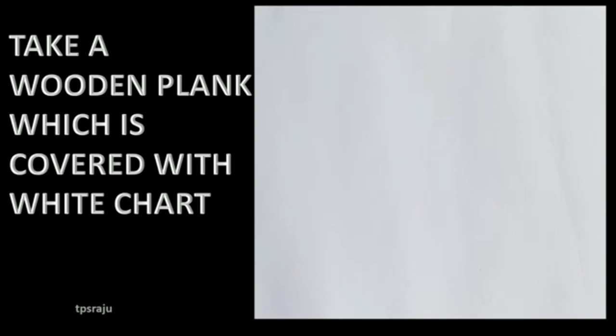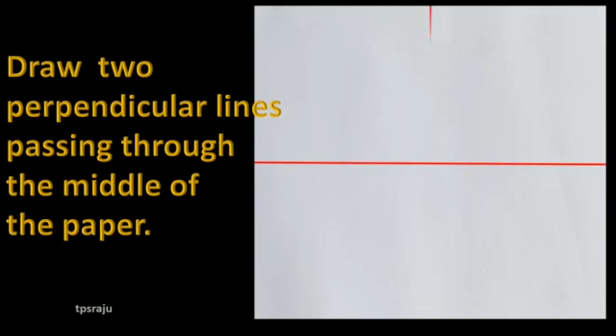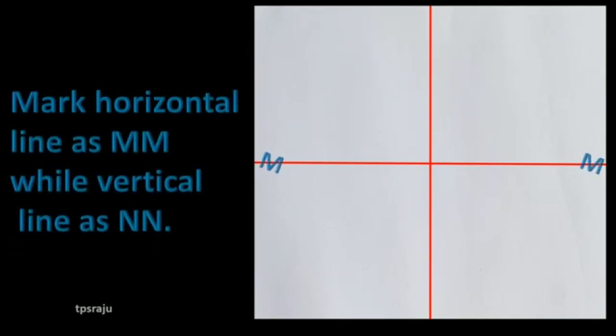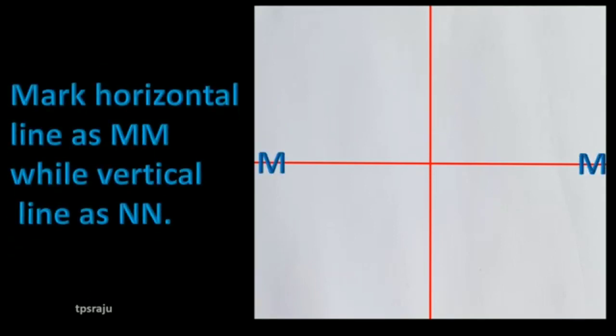Take a wooden plank which is covered with white chart. Draw two perpendicular lines passing through the middle of the paper. Mark horizontal line as MM while vertical line as NN.